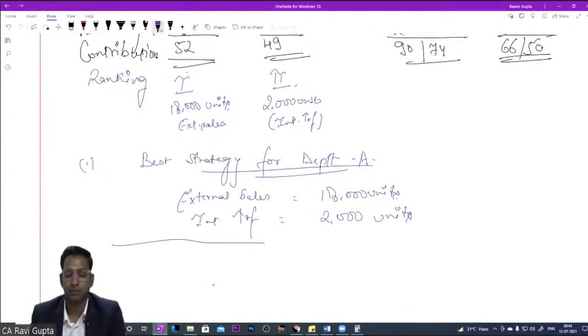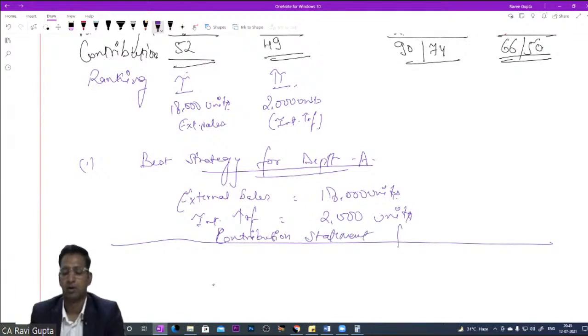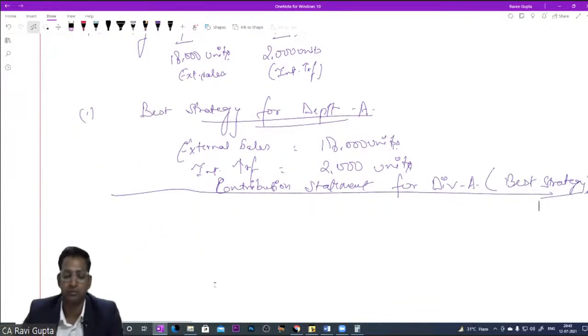You will also prepare a profitability or contribution statement for division A. Under the best strategy, you need to show what the profitability or contribution is.